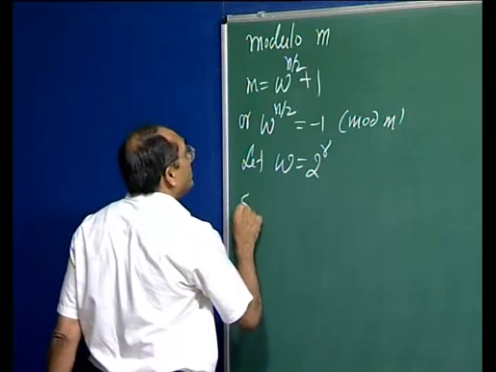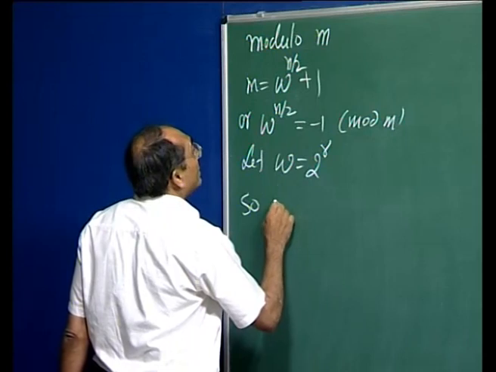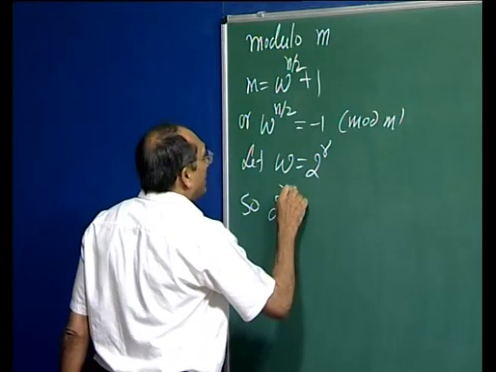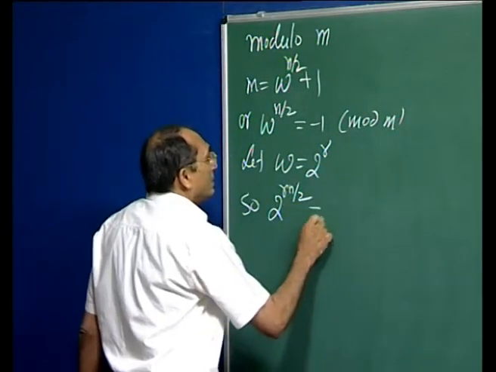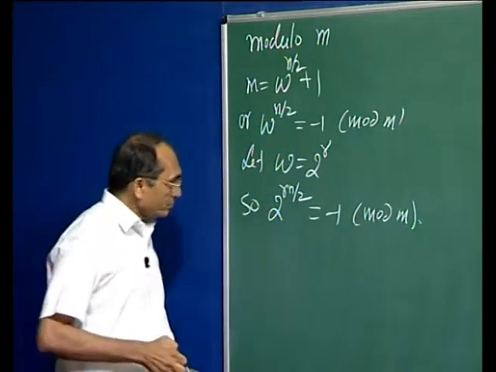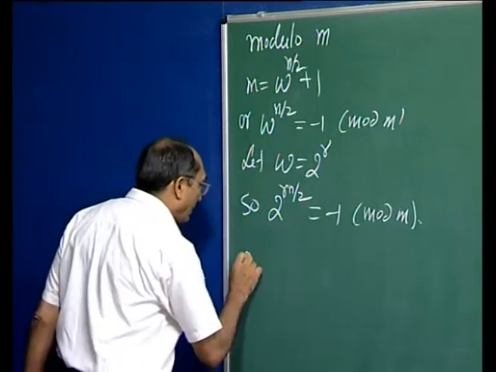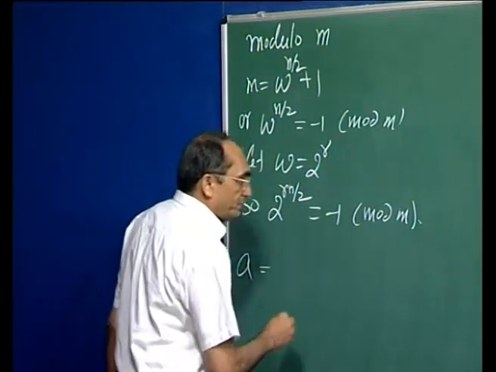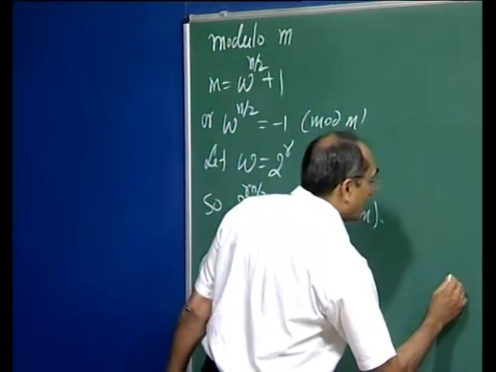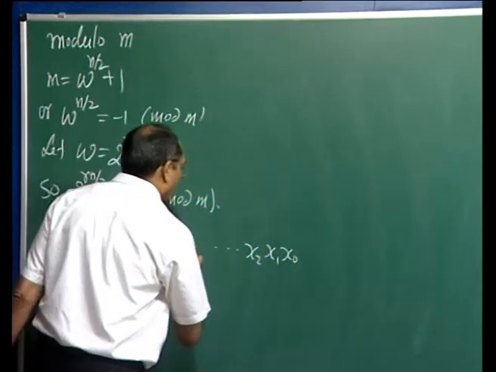So we have 2 power r n over 2 is minus 1 modulo m. Now, let us consider some number a, and that number is say x0, x1, x2, and so on.